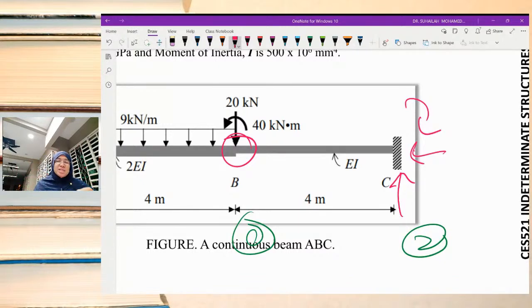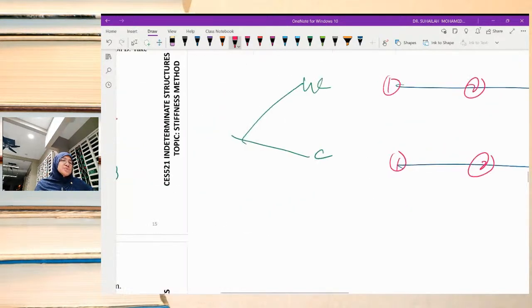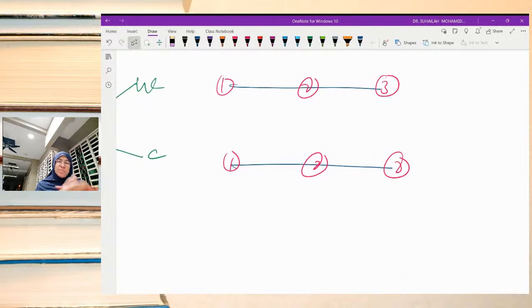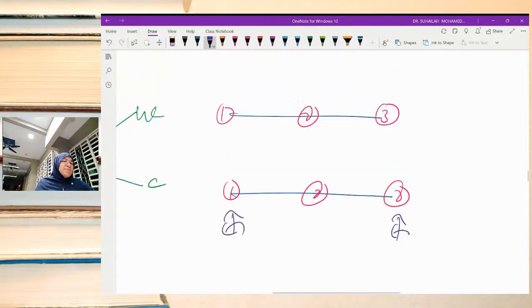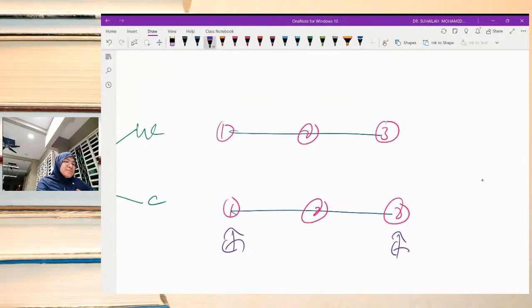If there is a change in EI, or if there is a point load, we have to consider this as a node. So we have 3 nodes. For the free ends we have to put 1, 2 here, so there are 4, and the remaining is 2 here.